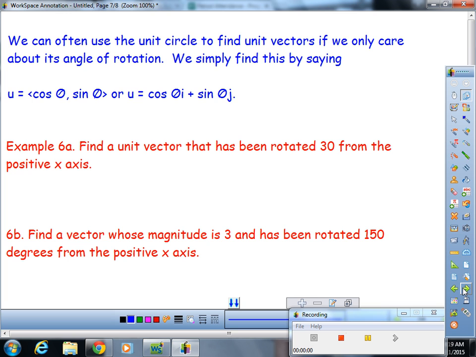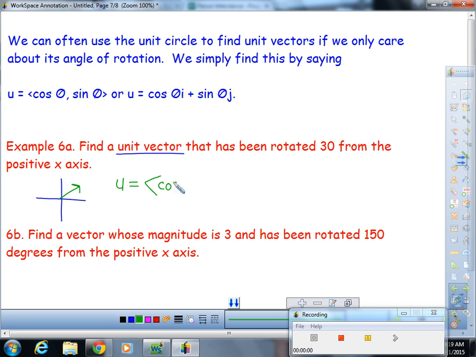We can use the unit circle and our trig functions to find a unit vector. So if we wanted to find a unit vector that's been rotated 30 degrees from the positive x-axis, we just use our trig. So this green vector, u, could be written as cosine 30, comma sine 30.